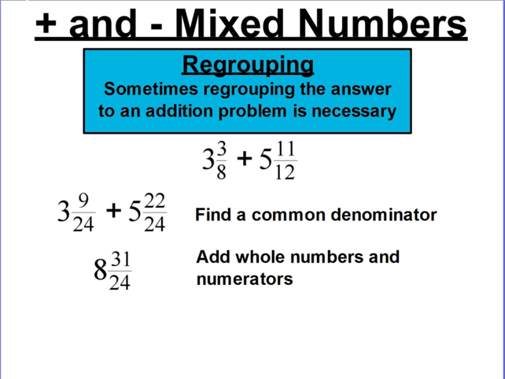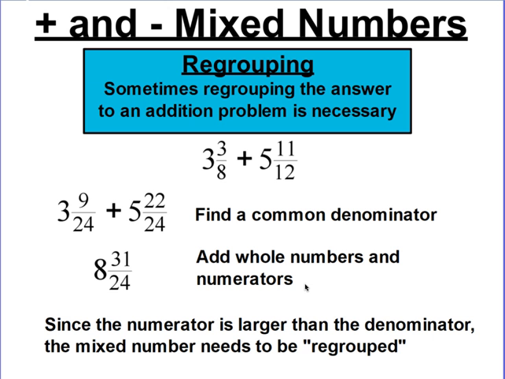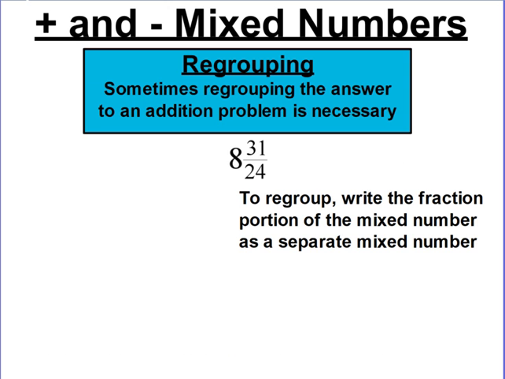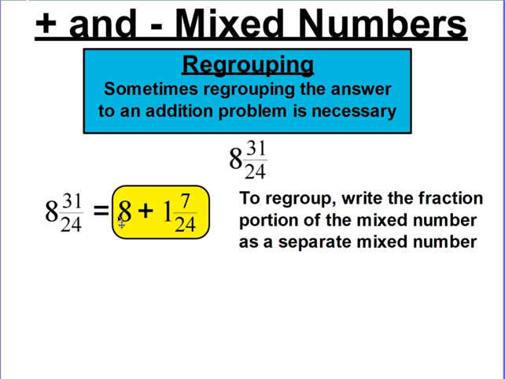And what we're going to do is kind of what we did with the last method, do some division. We're going to take the improper fraction here and make it into a mixed number and then regroup it with the 8. So what I mean by that is, if I take the 8 and just put it out here, and then I write the improper fraction portion as a mixed number by dividing, it becomes 1 7/24.